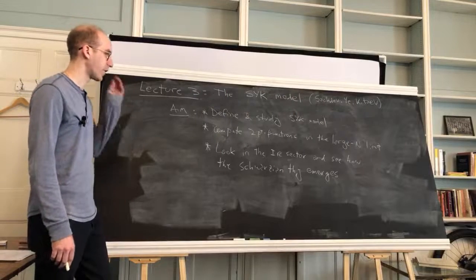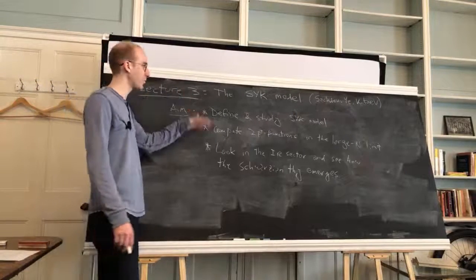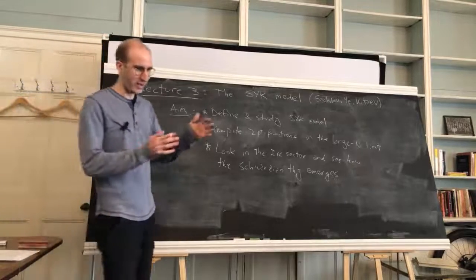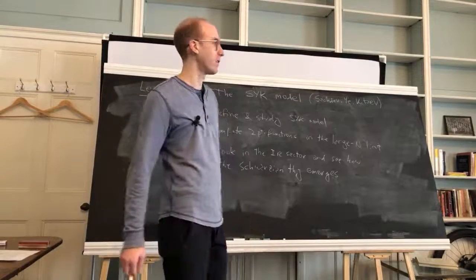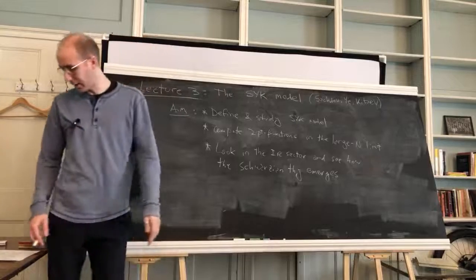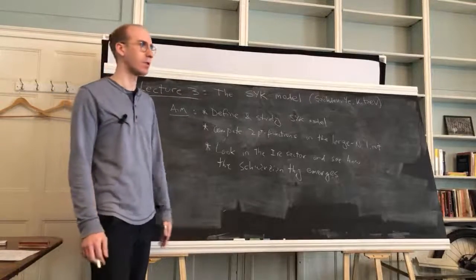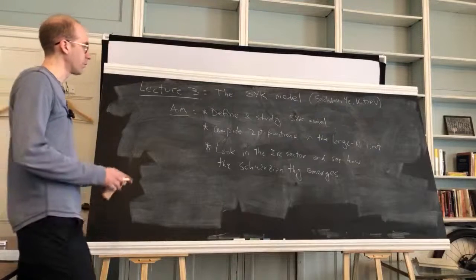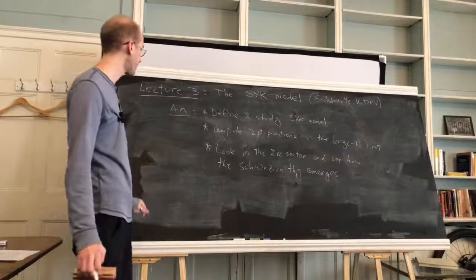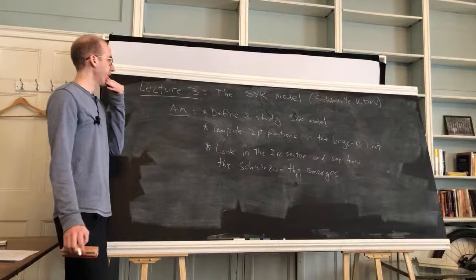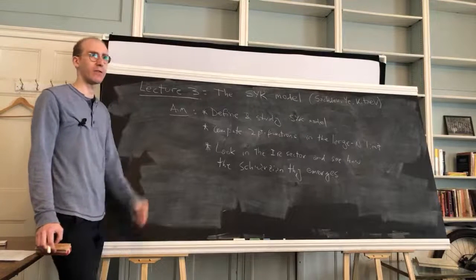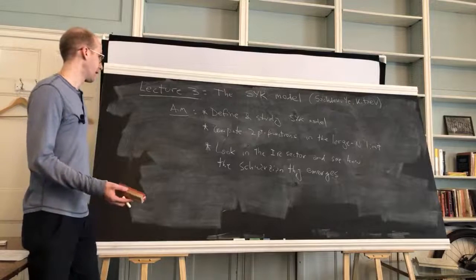But there are tricks for that. And moreover, we will see today that there are many corners of the model where we can use analytic expressions and solve the model without having to go to the computer. So that's fine. Okay, so that's the plan for today. And let's get started.